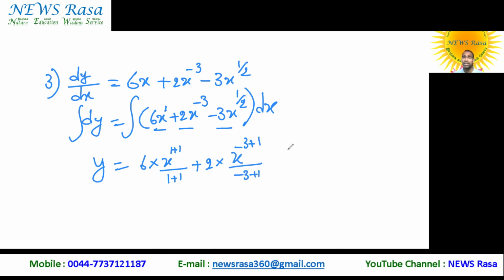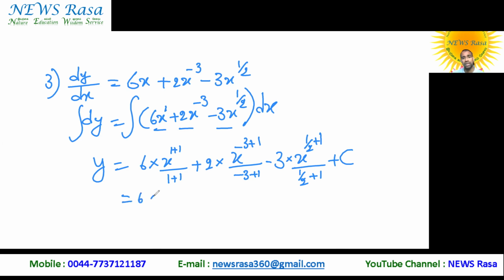So we basically bring the new power to the bottom. And then the next one is minus 3 times x to the power of half plus 1, over half plus 1. And then also we'll have to put the plus c as always. Okay. Right. So then we try to simplify them.